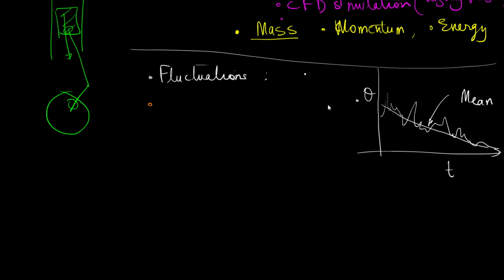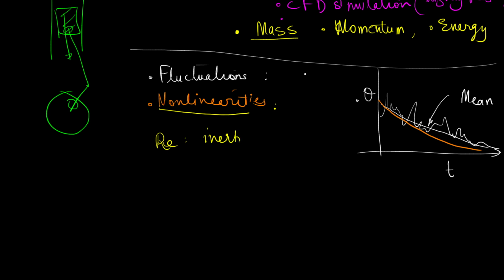As opposed to laminar flows, where you will always have a smooth continuous solution, in turbulent flows the effect of non-linearities is quite prominent, and the non-linearities are pathological to high Reynolds number only, because the Reynolds number being high implies that the inertial contribution is rather high.